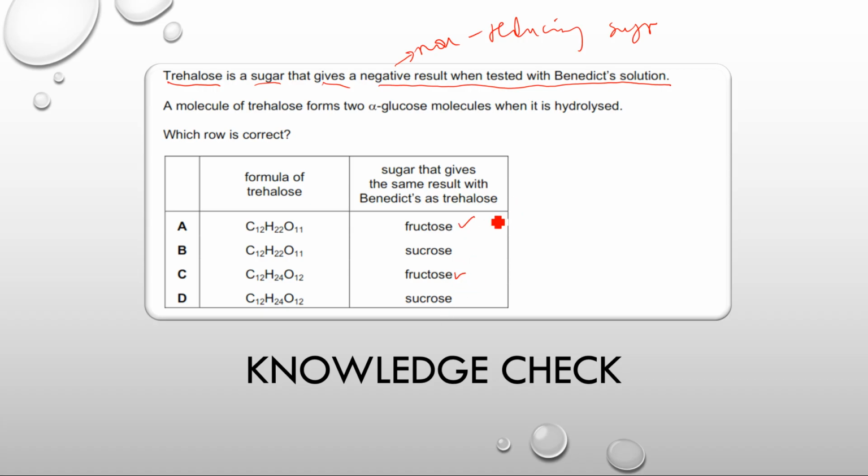Fructose is reducing. But please don't forget that fructose is the only monosaccharide that forms a pentagonal shape. Others form hexagonal. Glucose and galactose form hexagonal. But fructose is a monosaccharide, so it's also a reducing sugar. So we have the non-reducing sugar, sucrose. This is the only one that gives a negative result, right?